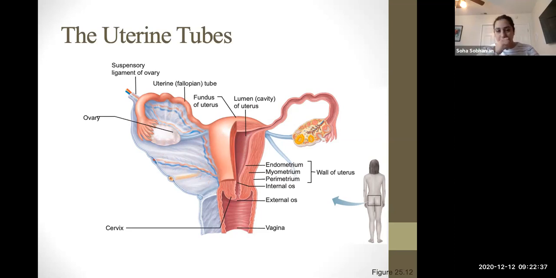So moving on, when you're looking at the female reproductive system, the uterus starts to come to the external environment, and you have this narrowing at the end of the uterus called the cervix. So the cervix is basically the structure that's going to protect the upper reproductive system from the external environment.